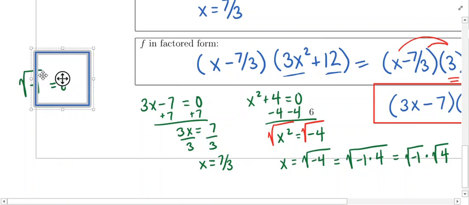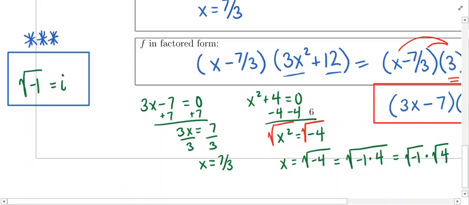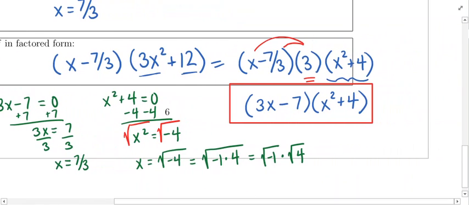Square root of -1 is i. You need to know this. This is the imaginary unit. So the square root of -1 is going to be i, and the square root of 4 is going to be 2. So this is really 2i.